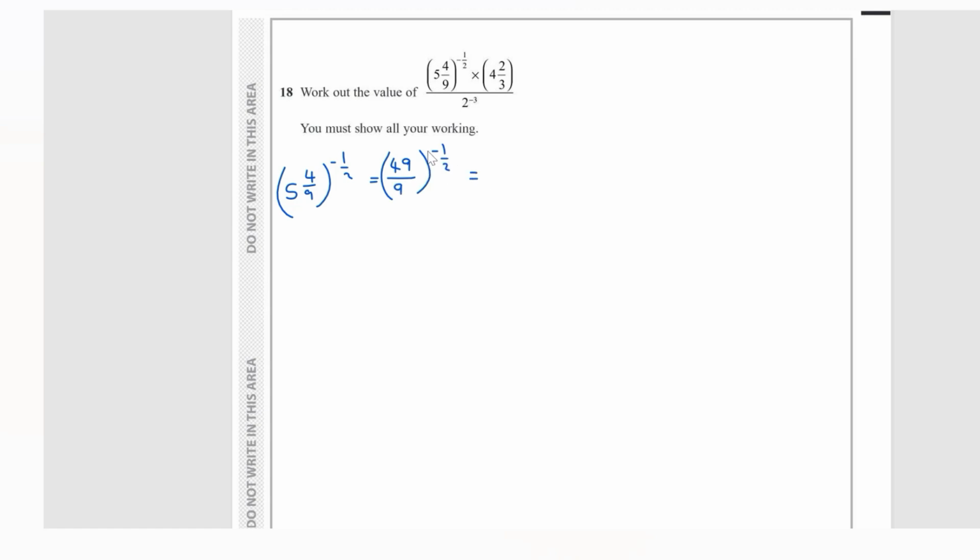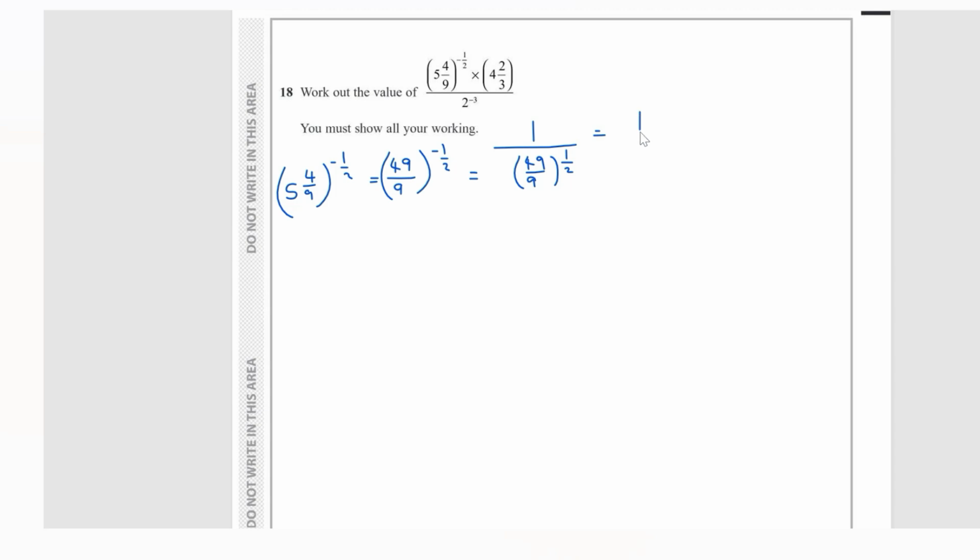We are raising this to a negative power, so we do 1 over the whole number. And the negative now becomes positive. And when raising a fraction to a power, we apply this power to the top and the bottom. So if we're raising it to a half, that's the same as square rooting.